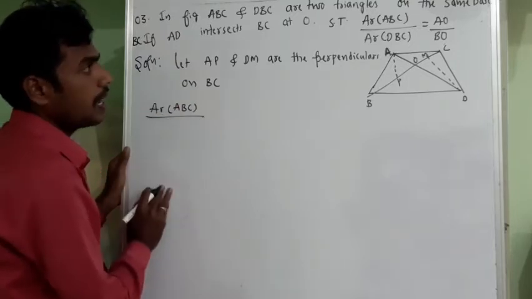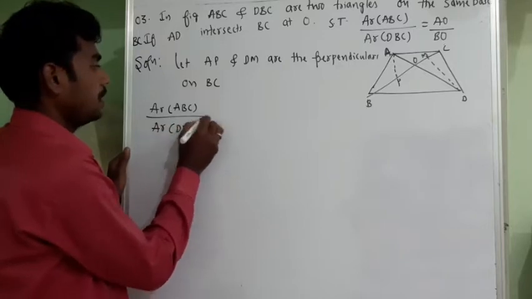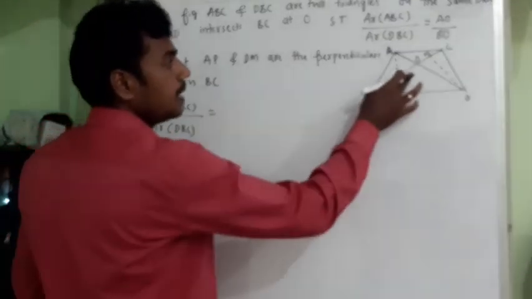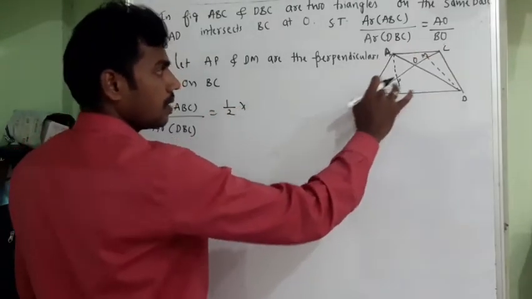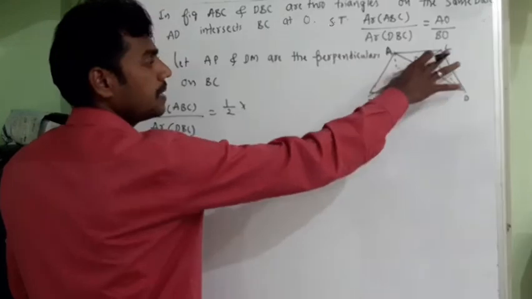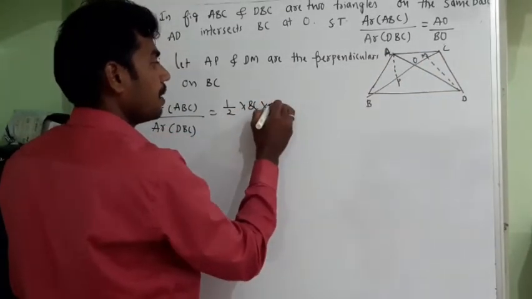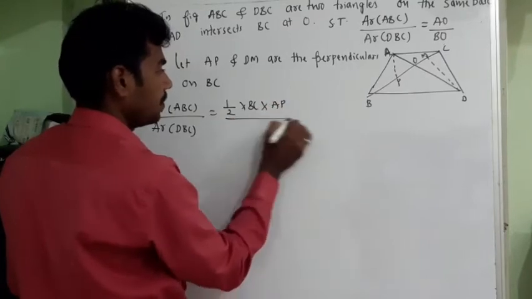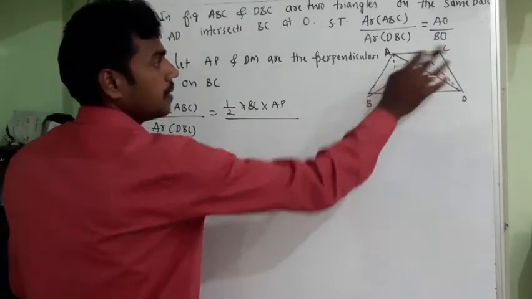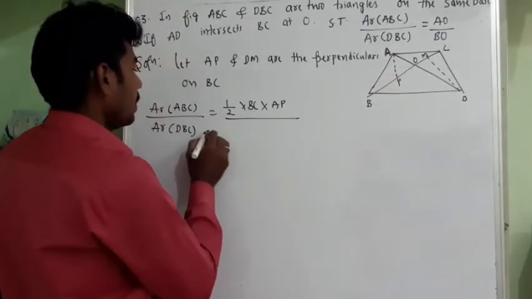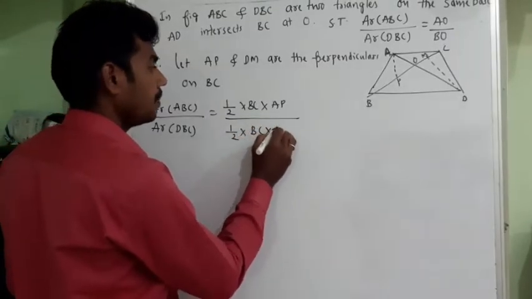Half into base BC, which is the base for triangle ABC, into height AP. Next, area of triangle DBC is half into base BC into height DM.